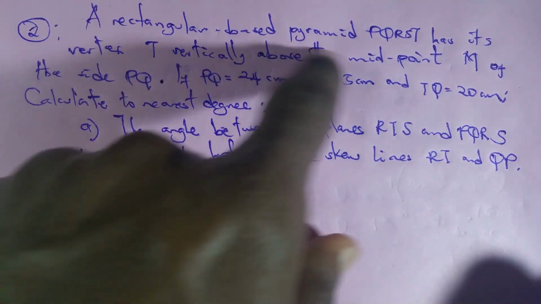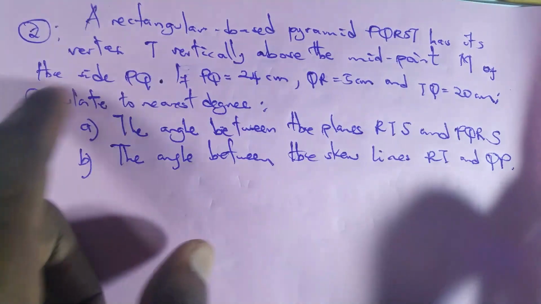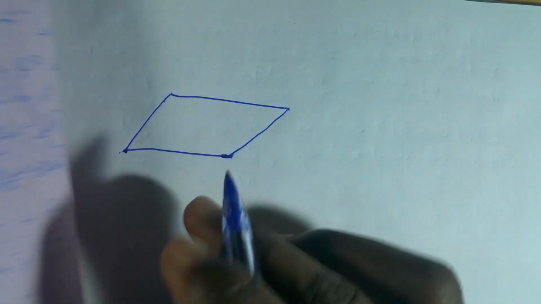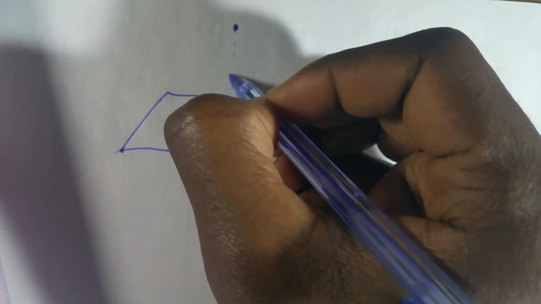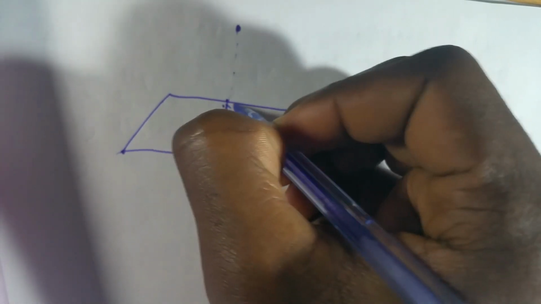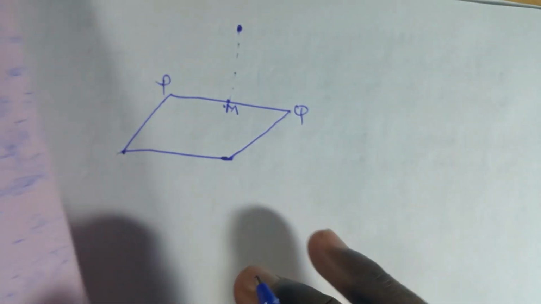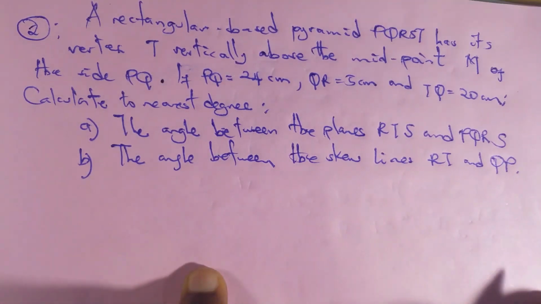Vertex T is vertically above the midpoint M of the side PQ. Let's take this side, vertical above this point. Let's say T is there, the midpoint M of PQ.